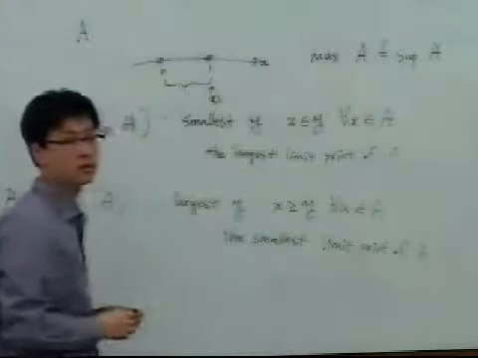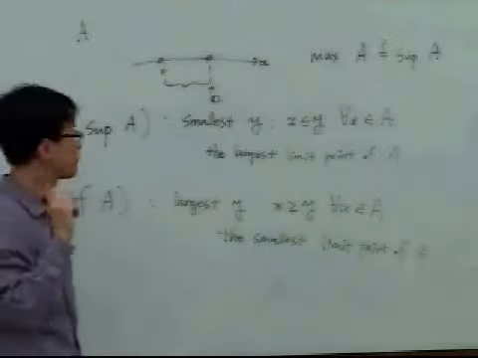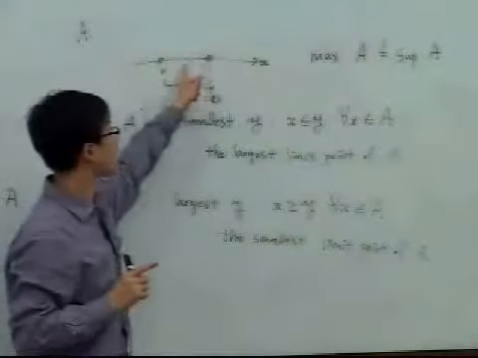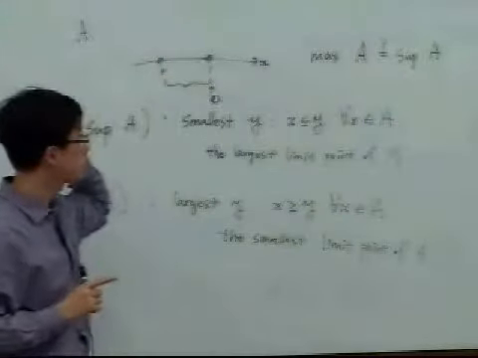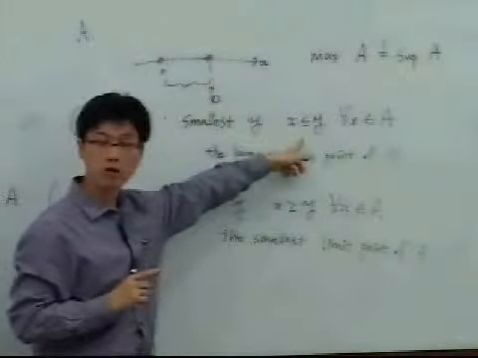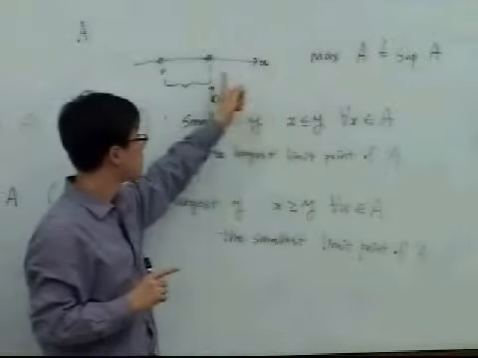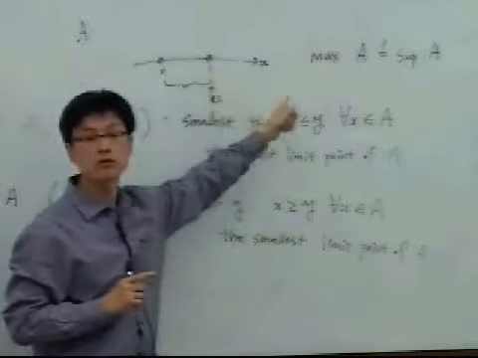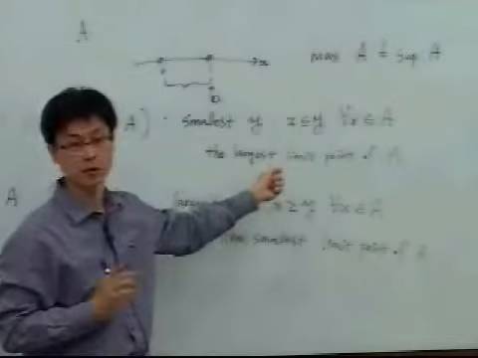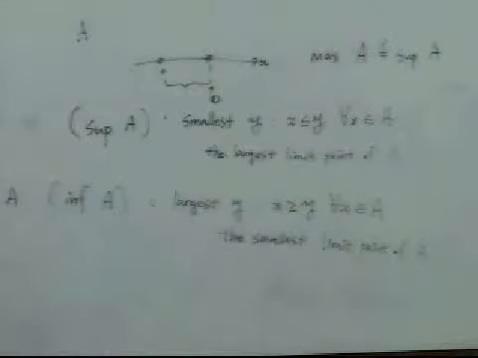If you choose 1, then all elements inside A are less than or equal to 1, and this is the smallest one you can find. What is the infimum of A? 0. Right.